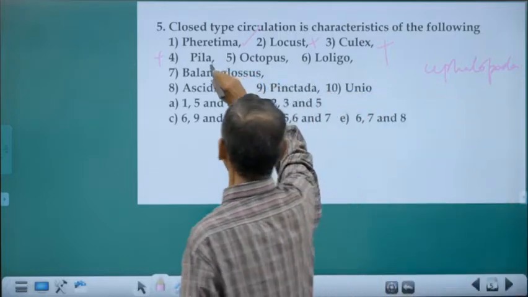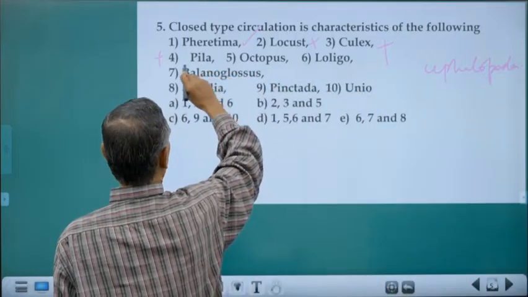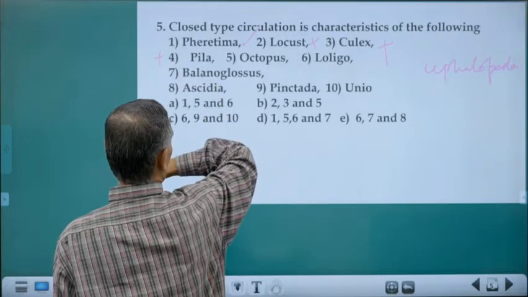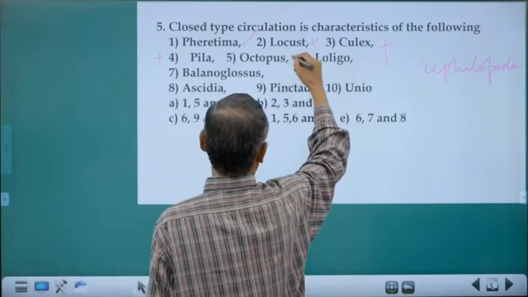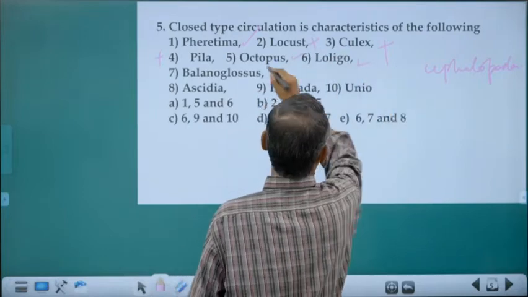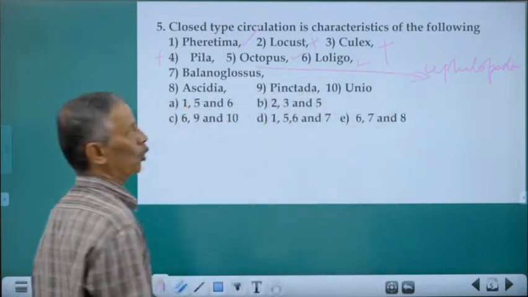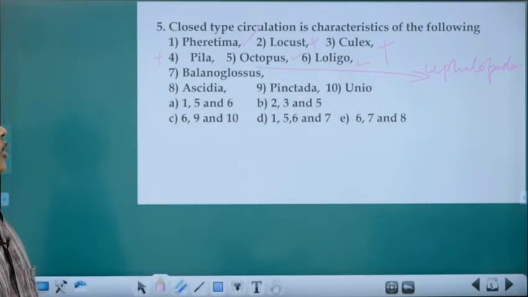So, Pila belongs to gastropoda. It is having open type. Whereas octopus, loligo, they belong to cephalopoda. So, they are all having closed type of blood vascular system. Balanoglossus, Hemichordata.